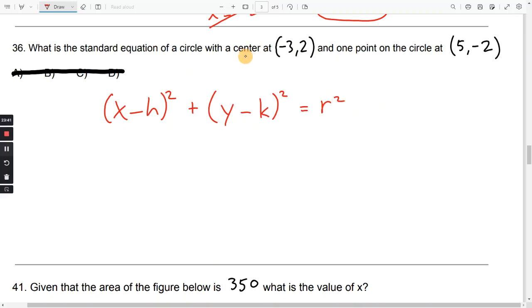The letters for the coordinates of the center are represented with an h and a k. And if you take a point that's on the circle, that's going to be an x and a y. So in order to solve for r, we have to plug in h and k and x and y.